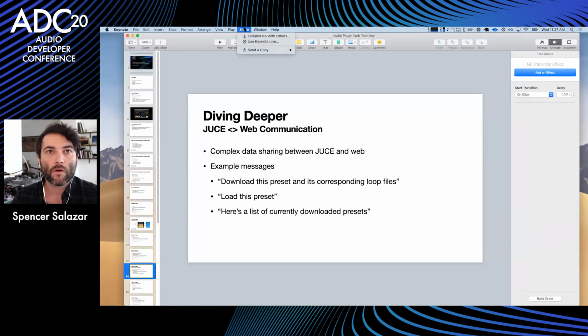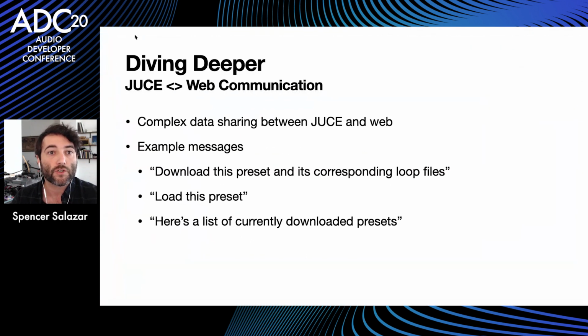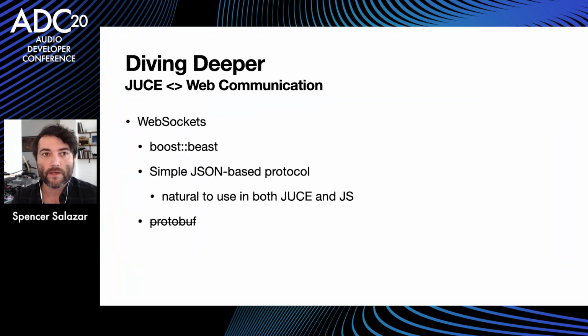So what I'm getting at is that there are fairly sophisticated needs for sharing data between the Juce side of things and the web user interface. So that's why we went with WebSockets to start with, to share data between the two. WebSockets is a very low-level framework for sending messages.